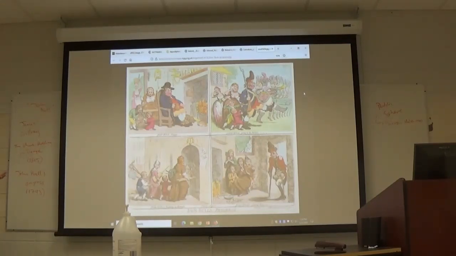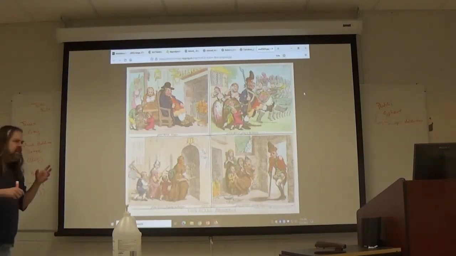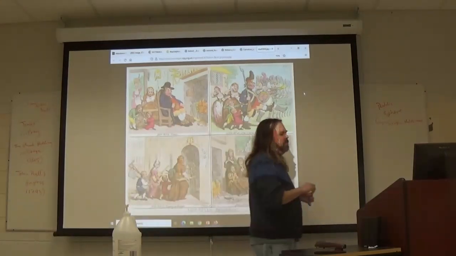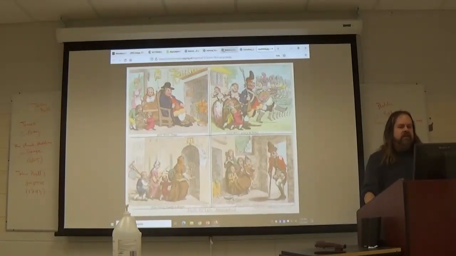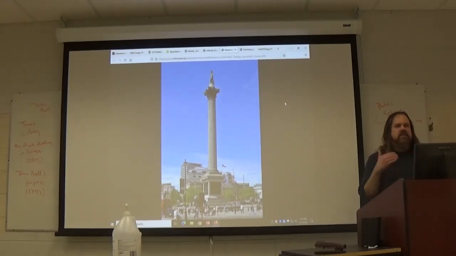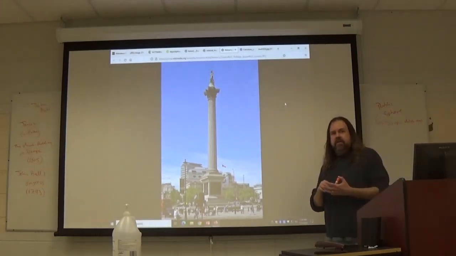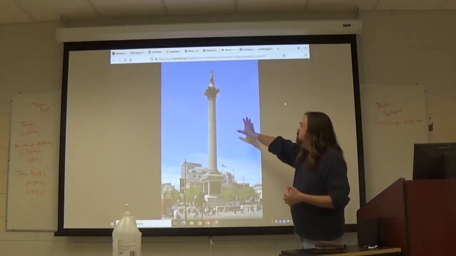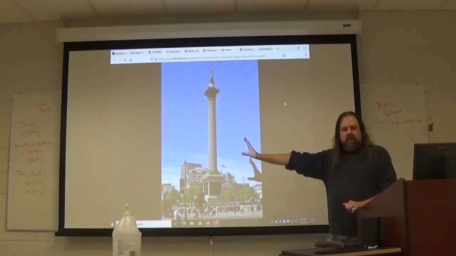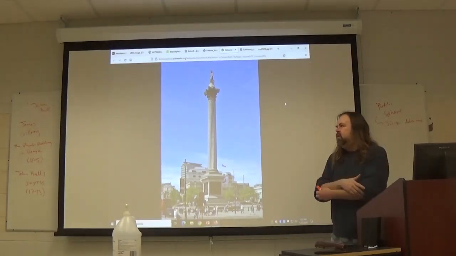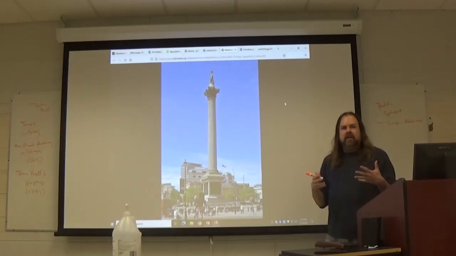There are church bells rung across the nation in mourning for our great hero, but in celebration of his great victory, right? And they also start erecting monuments all over the place to this guy. You will find Nelson's columns or Nelson's pillars in cities throughout the British sphere of influence. One of the earliest ones was built in Dublin, but a bunch of Irish nationalists blew it up in the 60s.